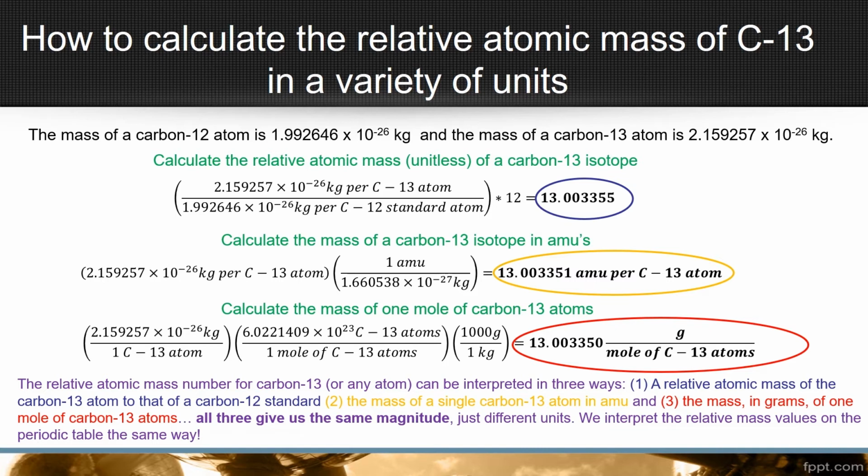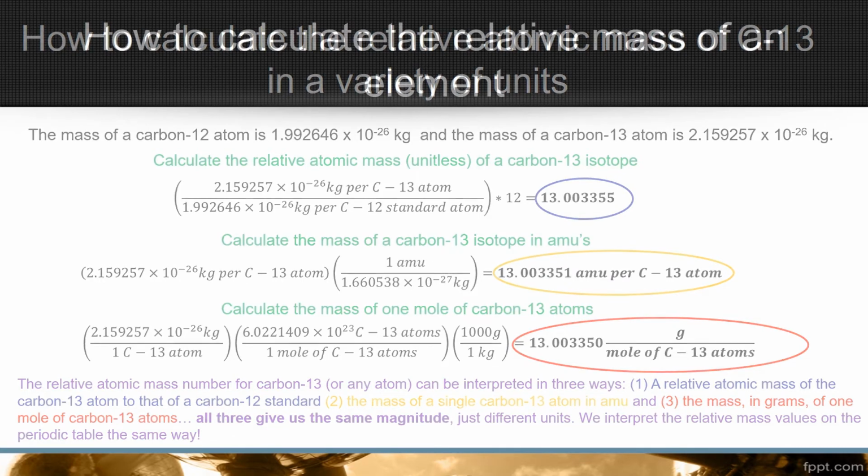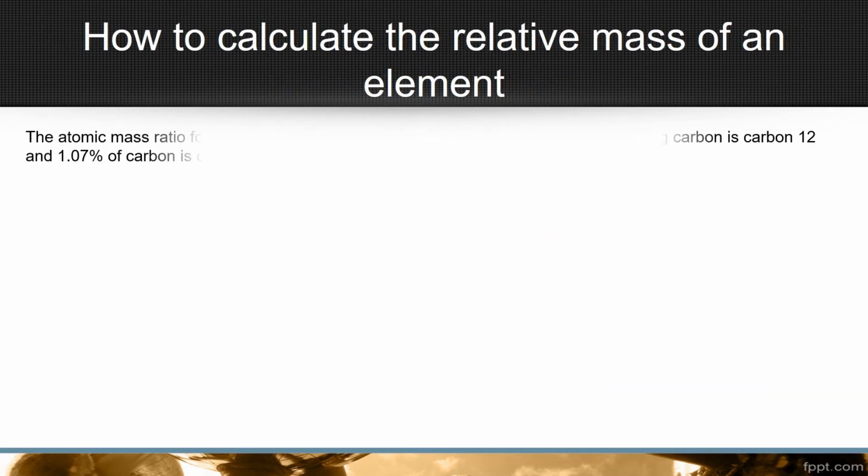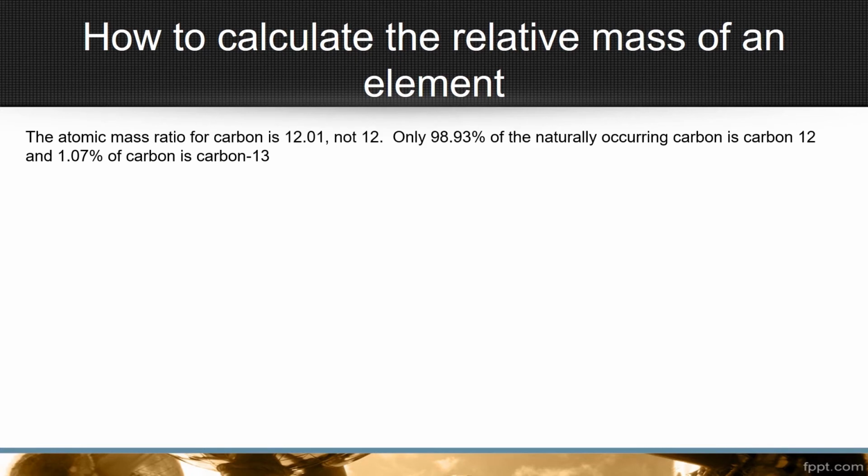So we should be able to interpret the relative mass values found underneath each element on the periodic table in the same way. But we can't yet. There's a small difference in the actual interpretation of the number on the periodic table that we must consider first. Take a close look at the relative atomic mass ratio for carbon on your periodic table.